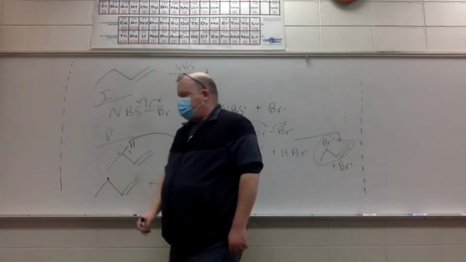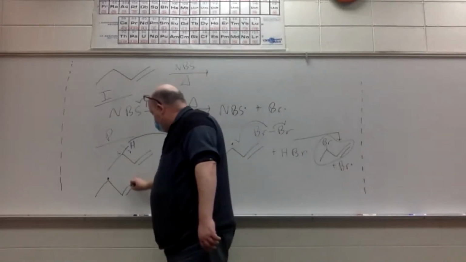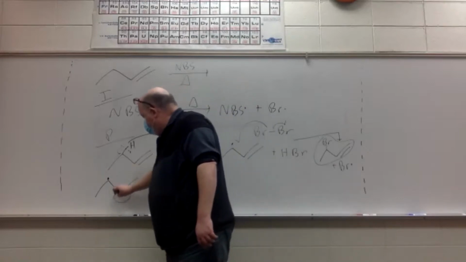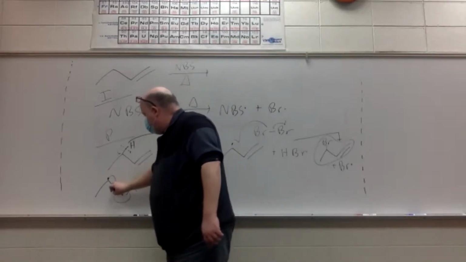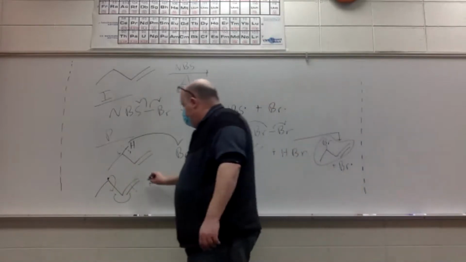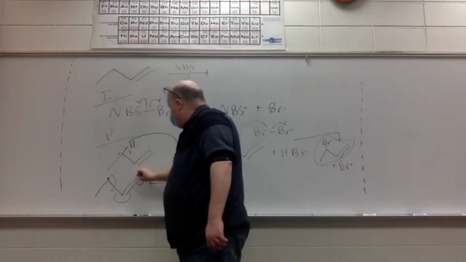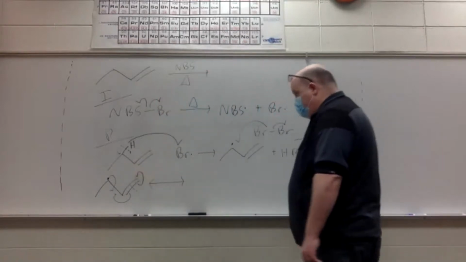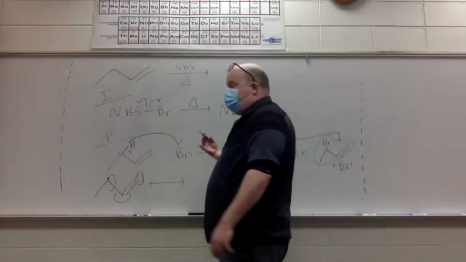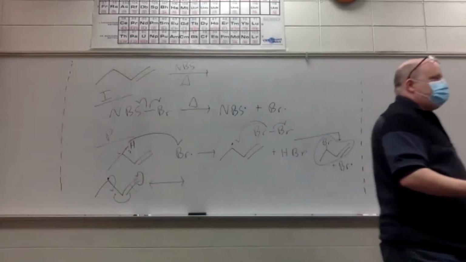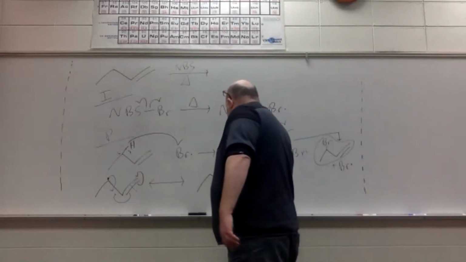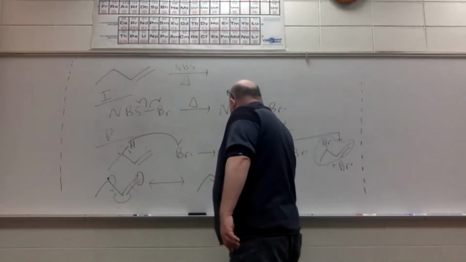It is entirely possible for this pi bond to split, like that, one electron from here meeting up with this electron in the middle to make a pair, and this electron hanging back on that carbon. And that does happen. This is a resonance structure. We said allyl radicals were stabilized by resonance. Here's an example.